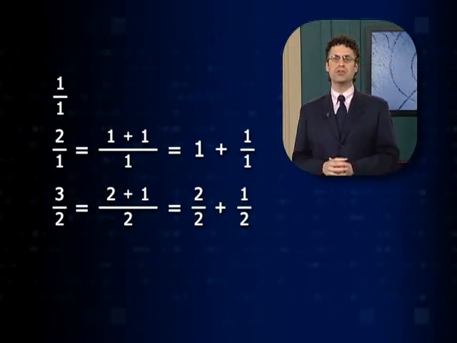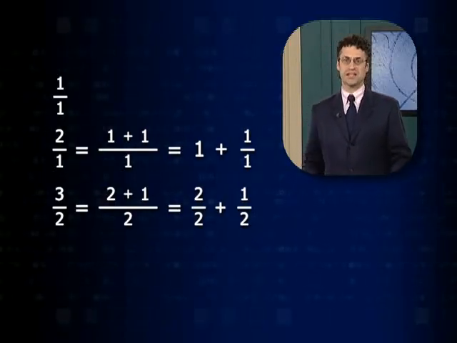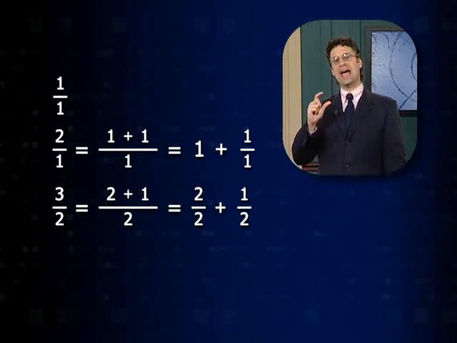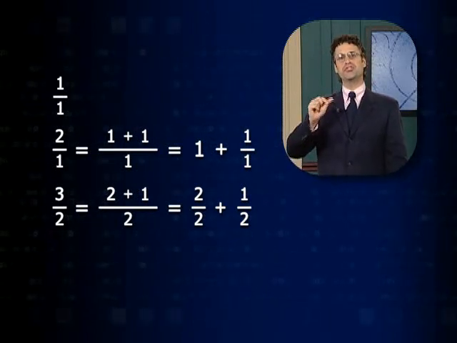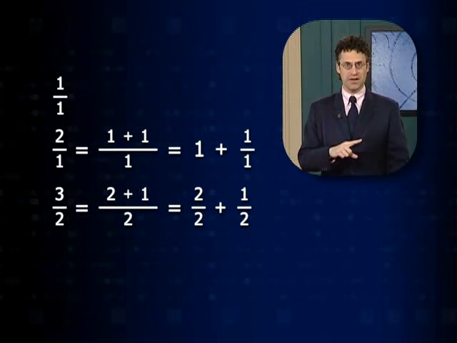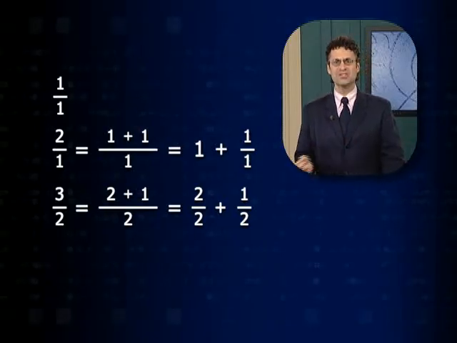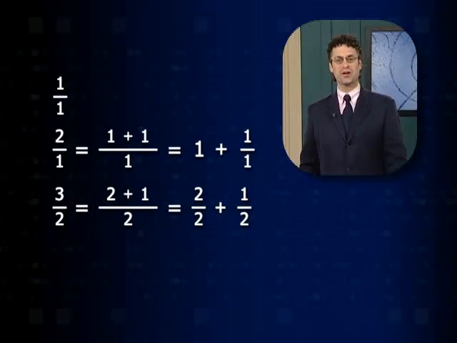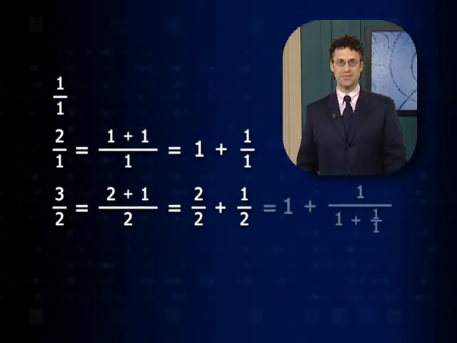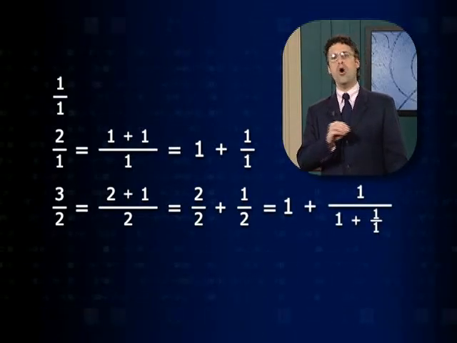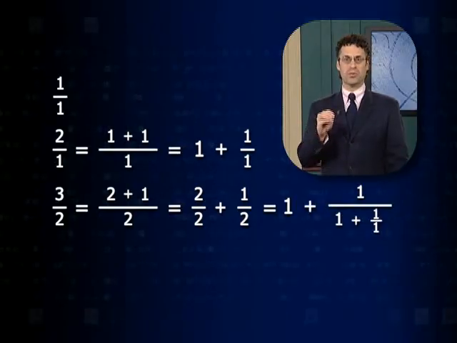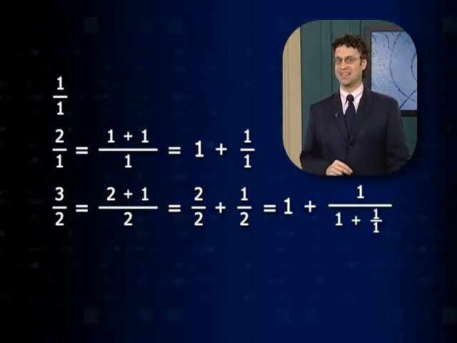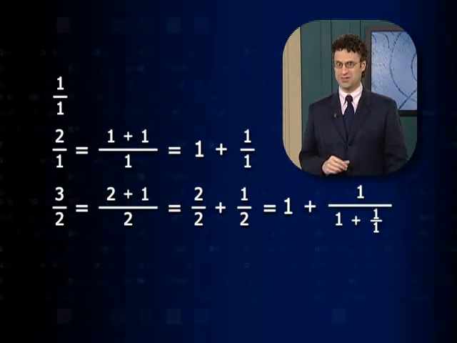Well, 2 over 2 is just the number 1, so we have 1 plus 1/2. And notice that 1/2 is the reciprocal of 2, which was our previous ratio. So 3/2 is 1 plus 1 over 1 plus 1 over 1. Interesting. Lots of 1 plus 1 over 1s.